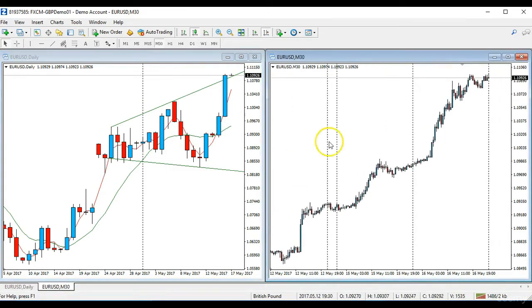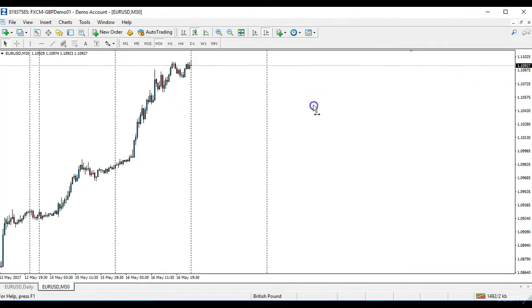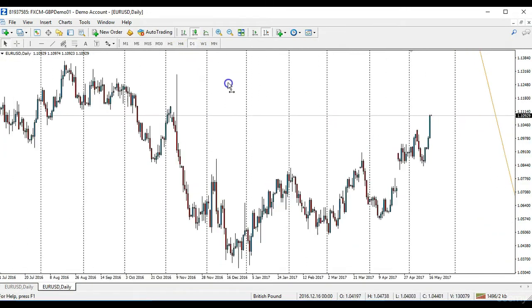And so then we go over to the lower time frame and look for ways to enter into that move. If I just put those lines in, I'll just do this one here.